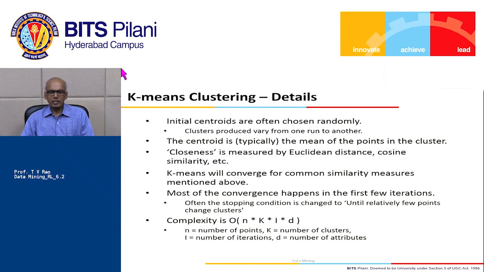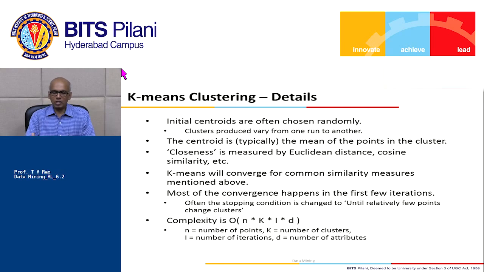The initial centroids, in general, are supposed to be chosen randomly, but if you choose a different set of centroids initially, you are likely to get a different set of clusters. The centroid calculation is that we calculate the mean of all the points within the cluster for each of the attributes which have been transformed into some computable form.